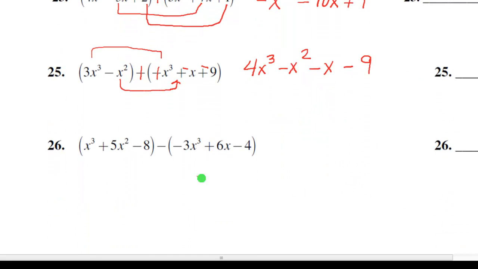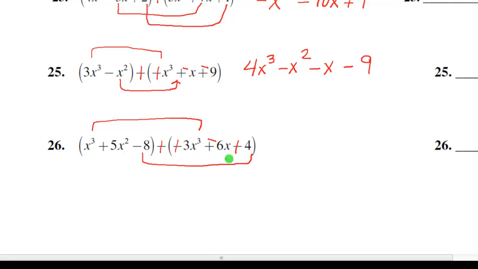And finally, we have two trinomials we're going to subtract. Again, we're going to change the sign to a plus and change all the signs in the parentheses. This is a positive 3, a negative 6, and a positive 4. Now we're going to add the like terms. And let's see, we have x cubed and 3x cubed as like terms, and then we have the negative 8 and the 4 as like terms.